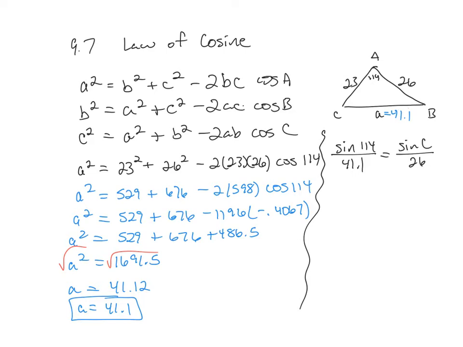So sine 114.9135, multiply the diagonals. So let's do that. 23.7522, divide by 41.1.